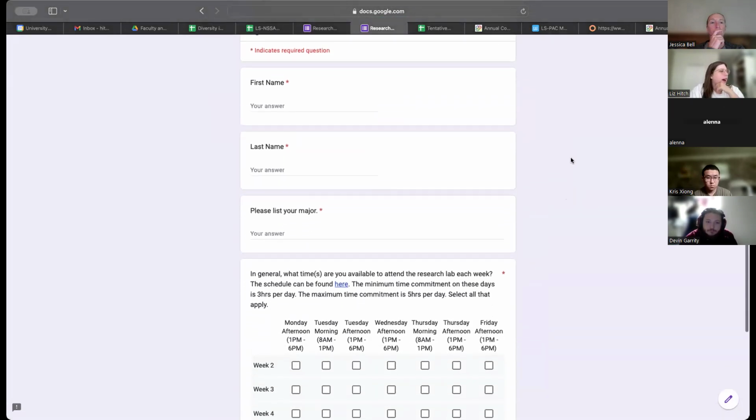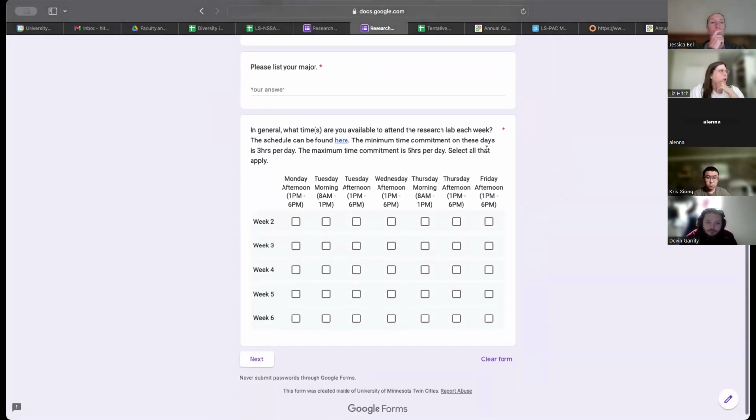Further down, we're going to ask you to indicate what times in general you're available to go to the research lab each week. For week 2, it might be really helpful to have the Google Calendar or the Excel spreadsheet open to see the schedule. For next week, Monday afternoon is from 1 to 6 p.m., in general a maximum of 5 hours.